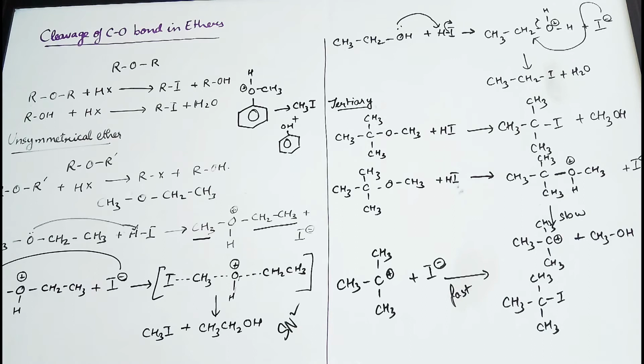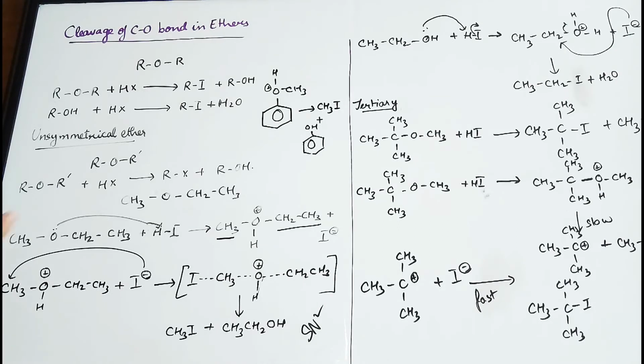So remember, when you're talking about an unsymmetrical ether, first of all, in the case of a symmetrical ether, we don't talk about which is the more substituted or less substituted carbon, because both of them are basically the same alkyl group. Whereas in the case of an unsymmetrical ether, we start questioning the number of substituents attached to the carbon atom.